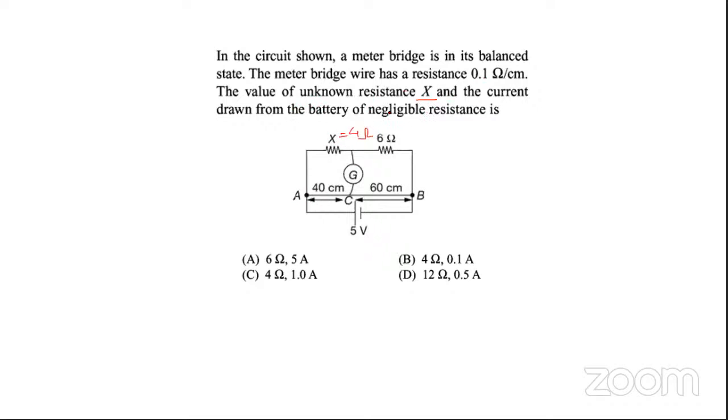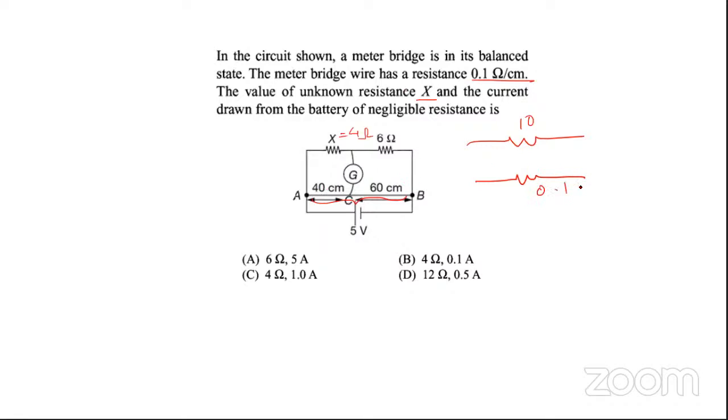Now the current drawn from the battery, for that we need to find the total resistance, the equivalent resistance. So in the circuit we have this as 10 ohms and we have the wire. Now this wire is 0.1 ohms per centimeter and the total length is given as 40 plus 60, that is 100 centimeters.